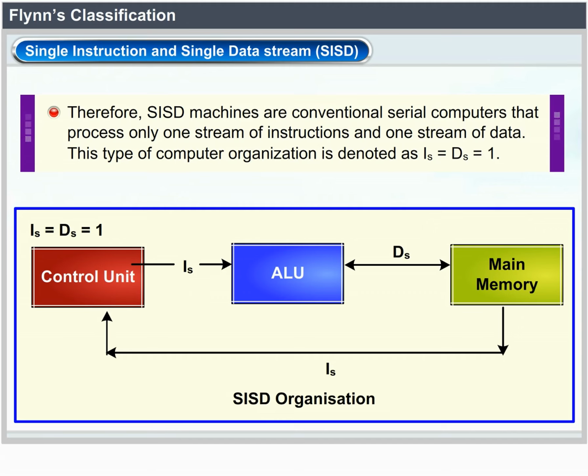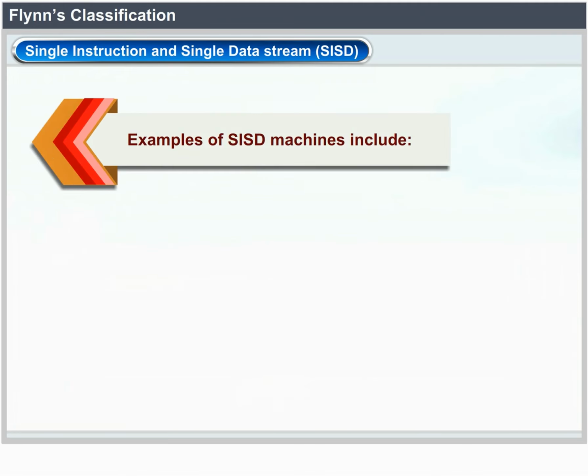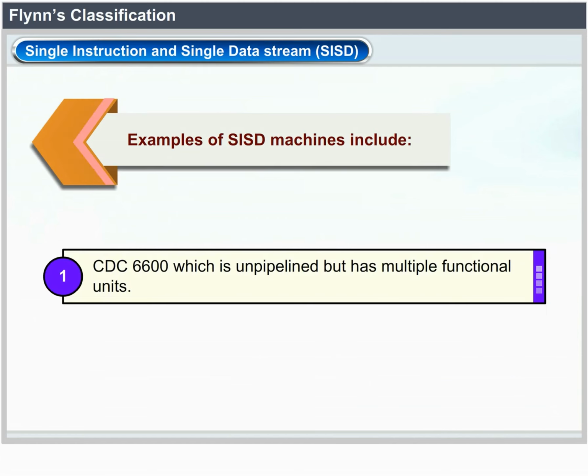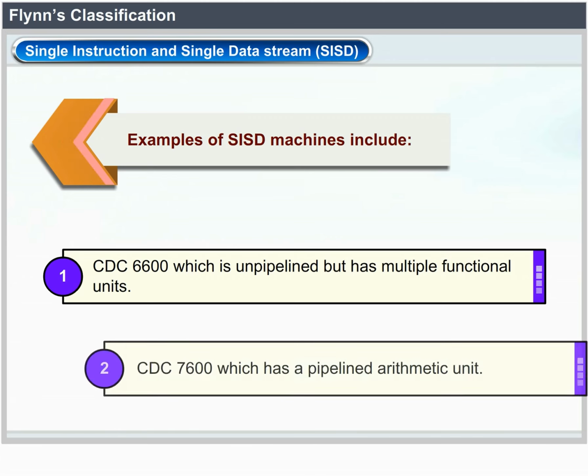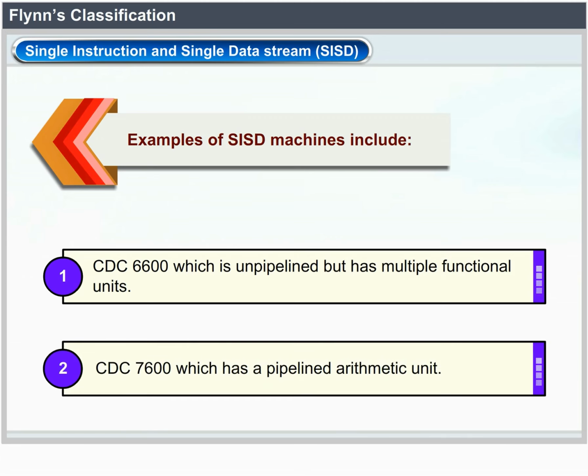This type of computer organization is denoted as IS equals DS equals 1. Examples of SISD machines include CDC 6600, which is unpipelined but has multiple functional units, and CDC 7600, which has a pipelined arithmetic unit.